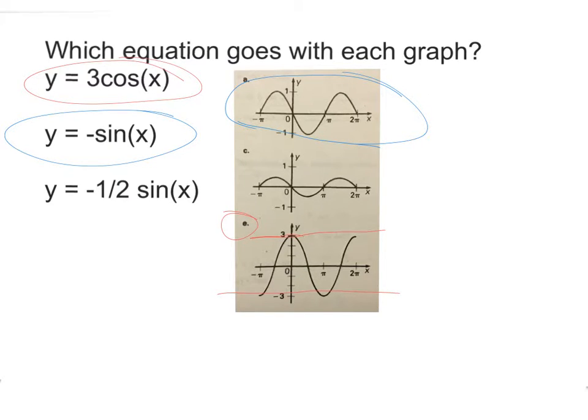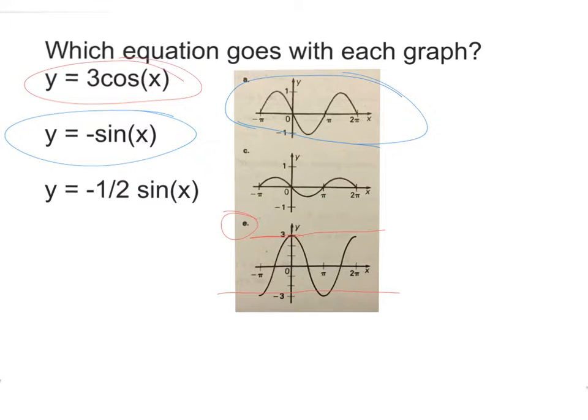Notice the amplitude. Remember we said the amplitude is how far away from the middle it goes? It's going down 1 and up 1. The amplitude is staying 1. Okay? This last one here, notice it's reflected, but also the amplitude is cut in half. Alright, so the amplitude is only 1/2.